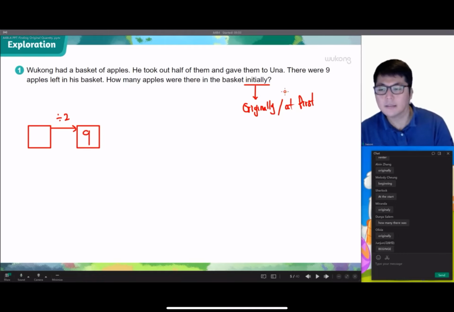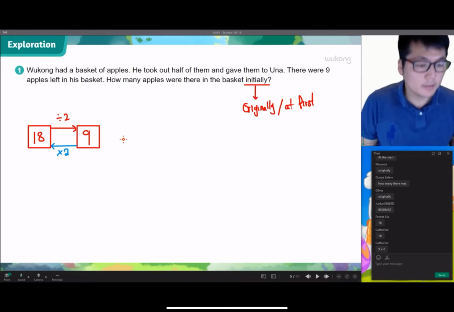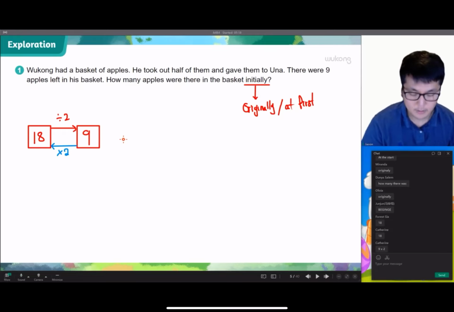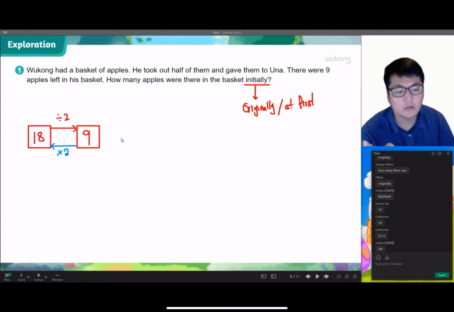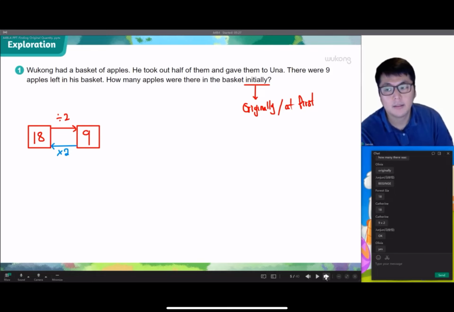So now, going backwards, we need to times this by 2, which is going to be 18. Alright, so that's how you draw the flow chart, everybody. Now, I want you to have a look closely at the flow chart because you need to draw the flow chart today for today's lesson.